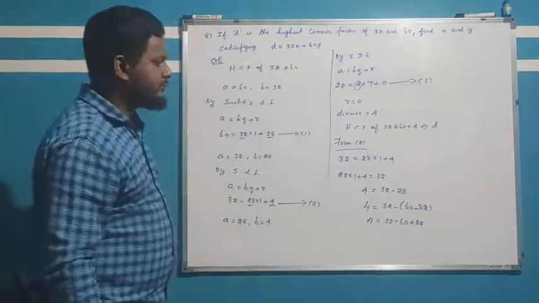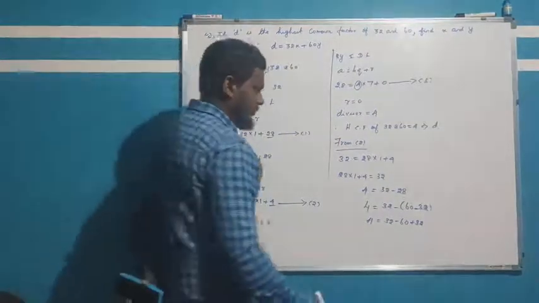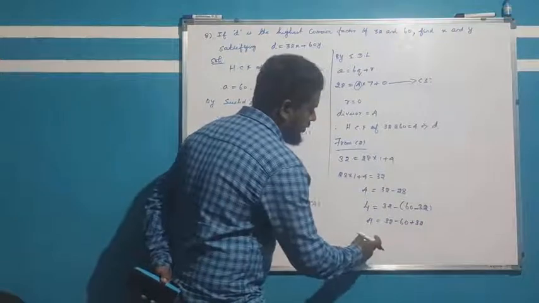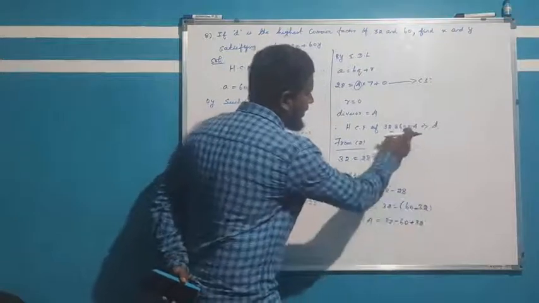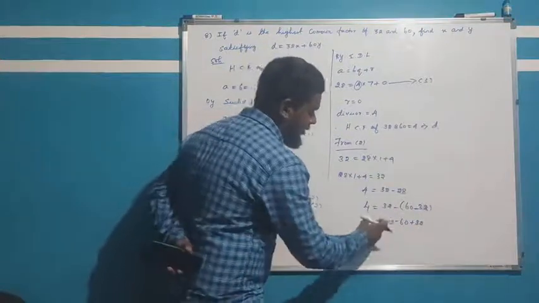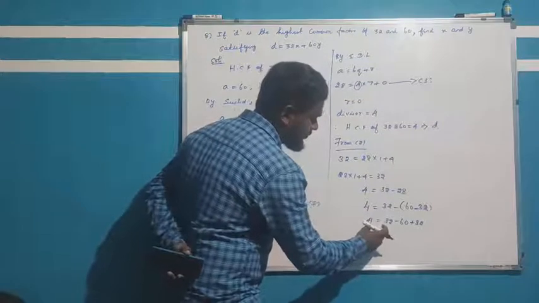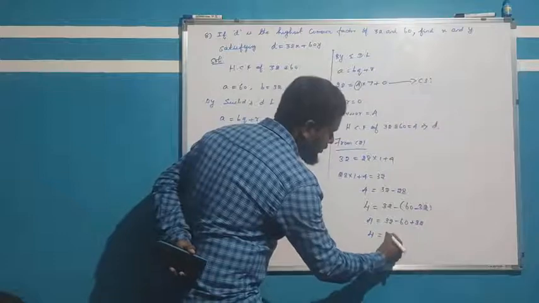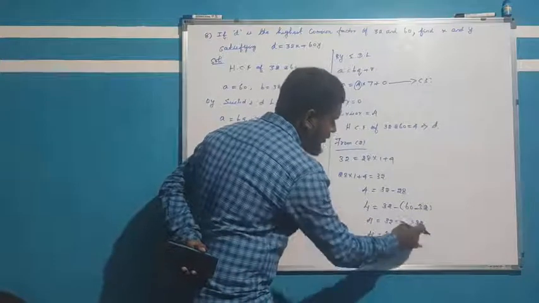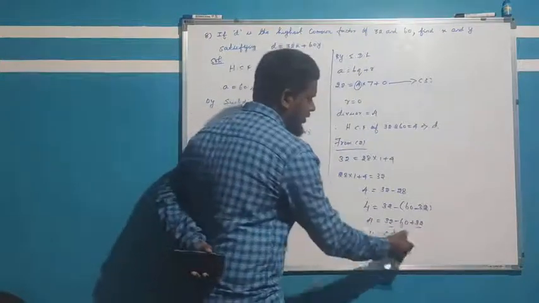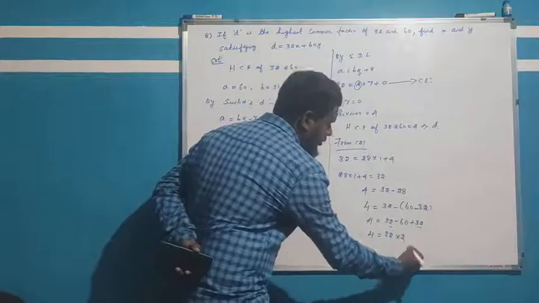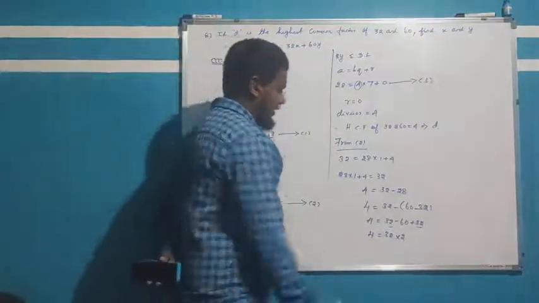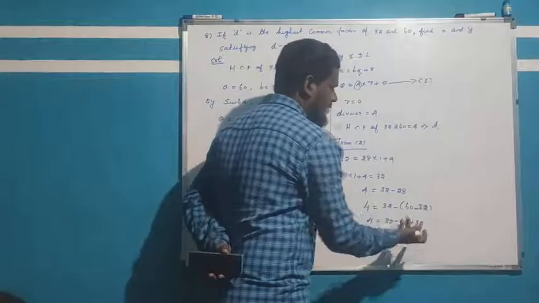Now these two values are here. Look, 4 equal to 32, two times the 32, 32 plus 32 is 64.